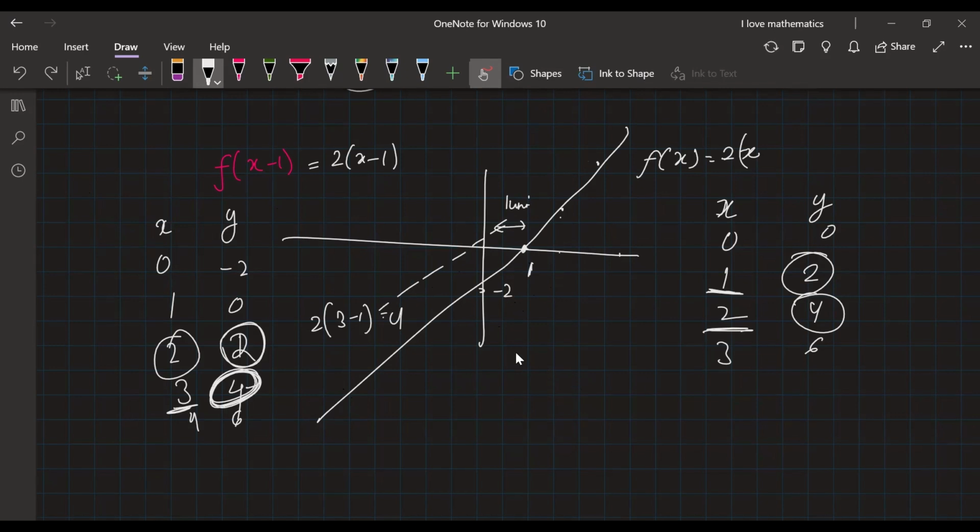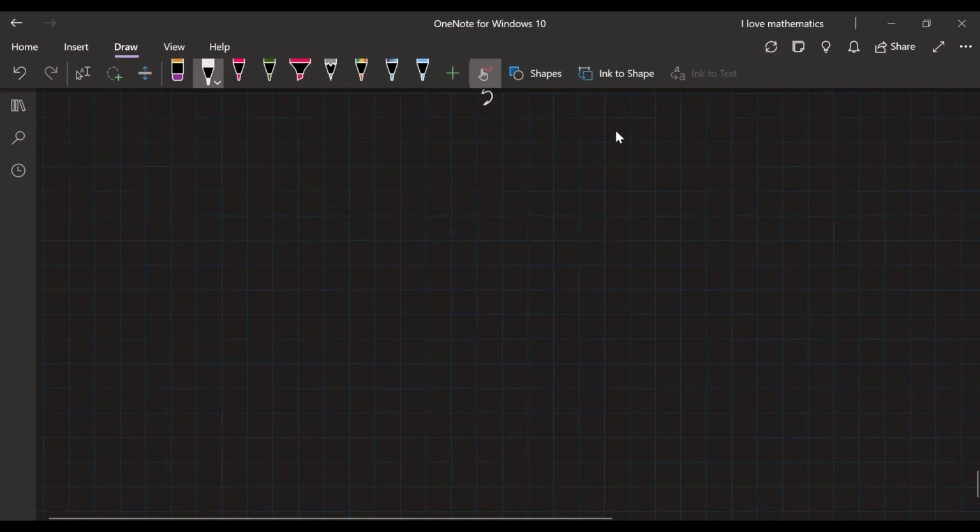Because we have plotted and seen that if we were putting x is 4, we were getting 8. But now we have to put 5 to get 8. So every value of x has to be increased by 1 unit to get the same value of y. Now got it? Now you can practice some questions based on this. And tada, bye bye. See you in the next video.